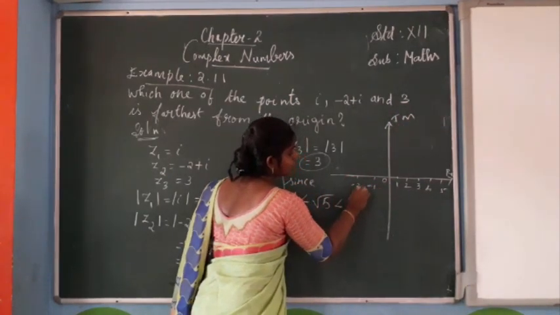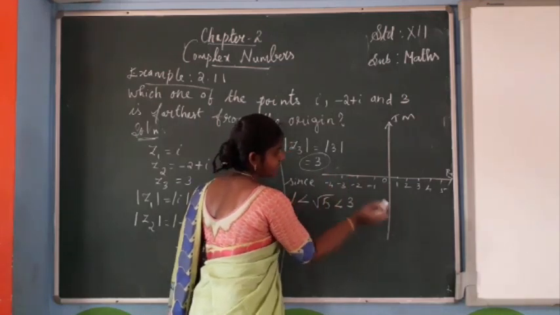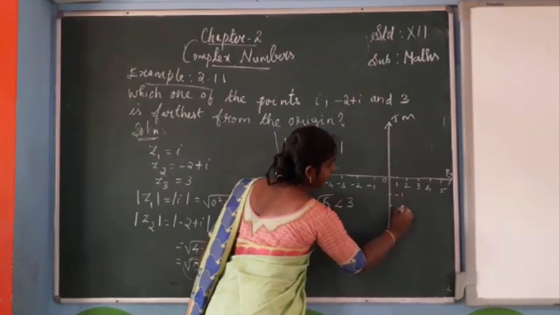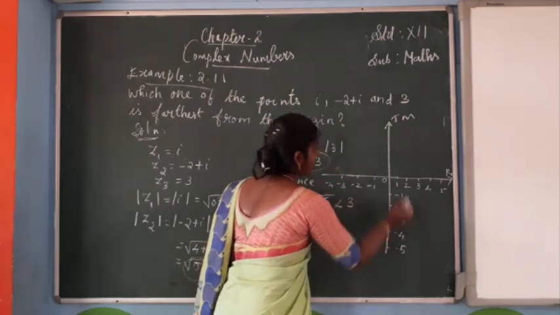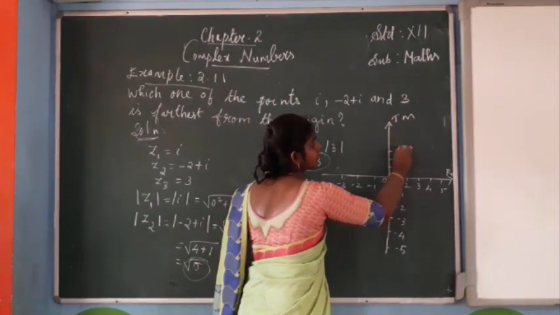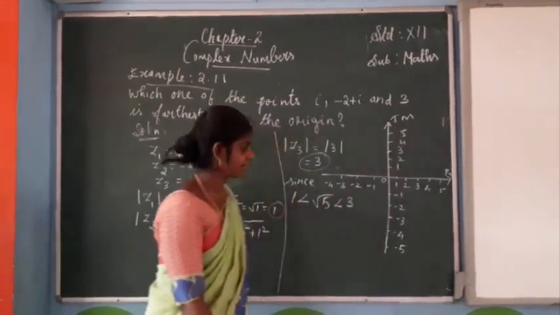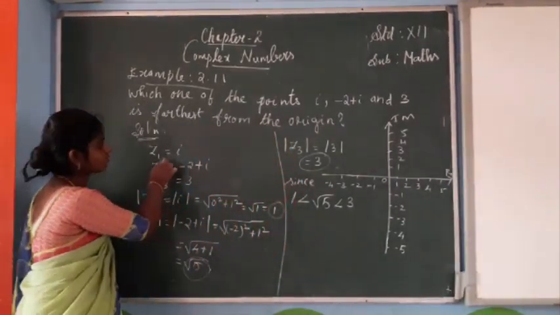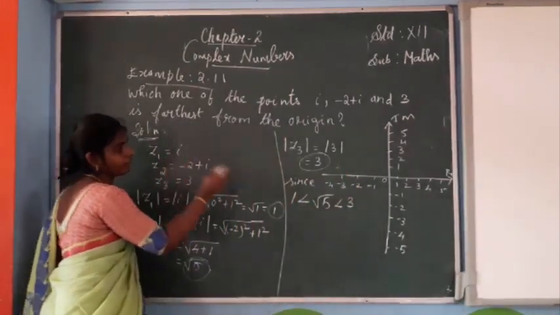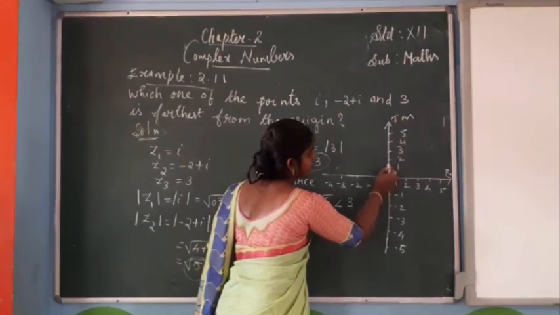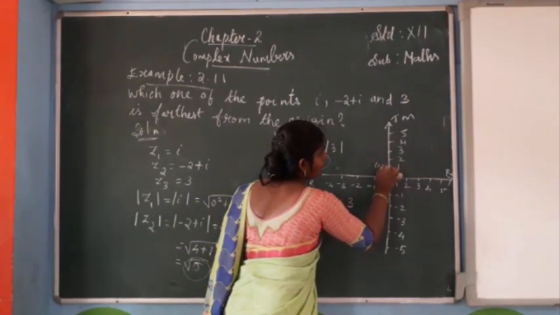Minus 1, minus 2, minus 3, minus 4, etc. Here minus 1, minus 2, minus 3, minus 4, minus 5, 1, 2, 3, 4, 5. Now we can plot the points here. So in the first question, Z1 value is i. i means the coefficient of i is 1. So imaginary part here. This place, that is 0, 1.